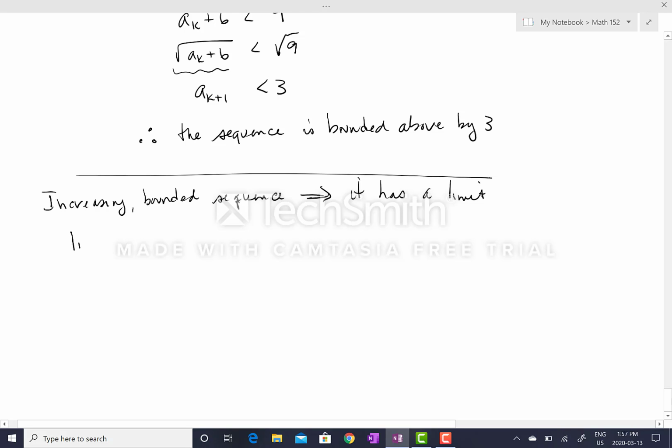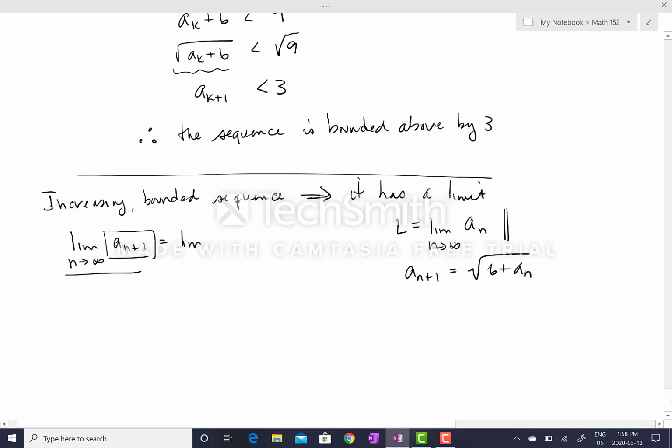So now I'm taking a look at the limit as n goes to infinity of a_{n+1}. Let me say a couple of things. The limit I'm looking for, L, is the limit as n goes to infinity of a_n. That is the limit I'm looking for. And we have the situation where a_{n+1} is the square root of 6 plus a_n. So now I'm going to take the limit on a_{n+1}.